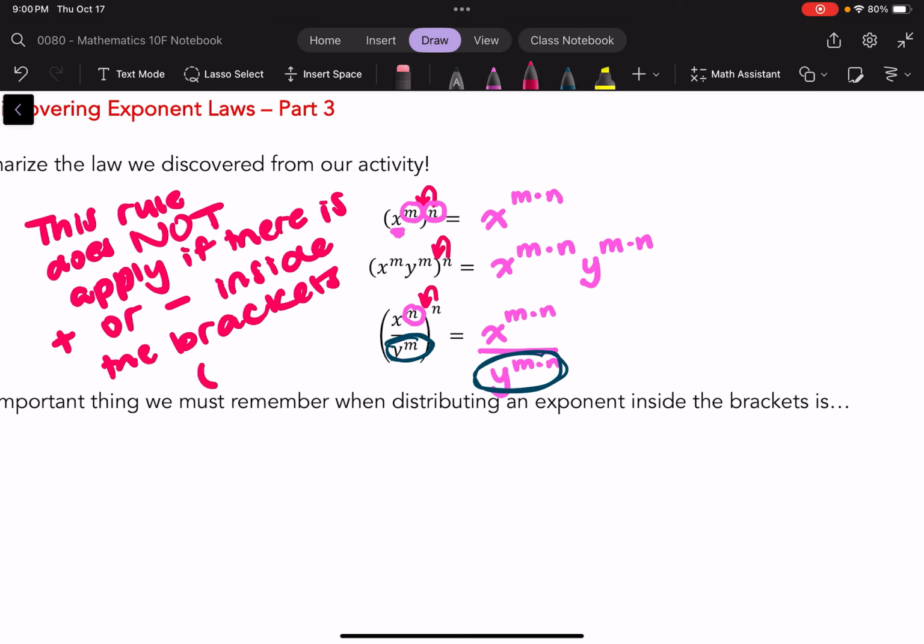So if I had something like x to the power of 2 plus y to the power of 3, all in brackets to the power of 5, this law does not work.